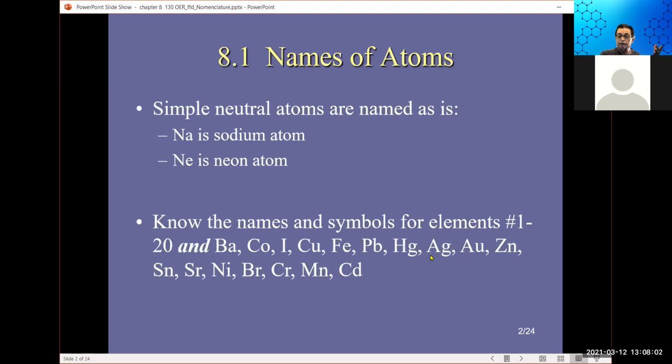Those two get mixed up quite a bit, Ag and Au. Au comes from aurum, the Latin term. And then Zn for zinc, Sn for stannous, or you can use the word tin.